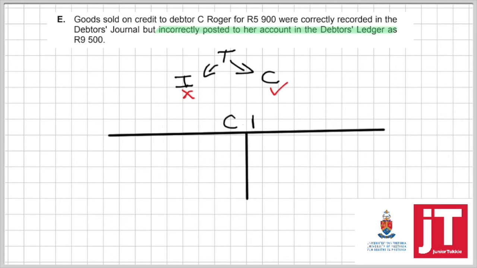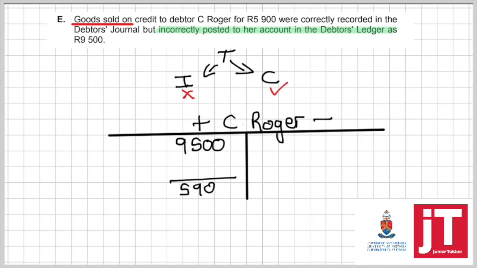So we need to open C. Roger so that we can make the correction in her account. We've incorrectly recorded the goods sold as 9,500 instead of 5,900. So we've overstated her account with 3,600.